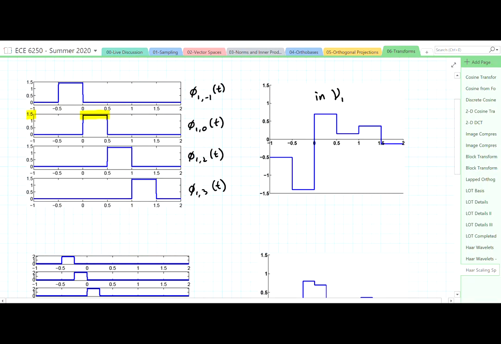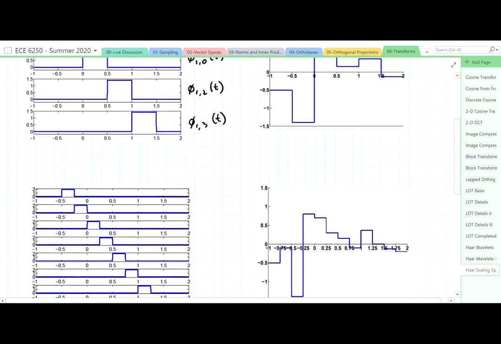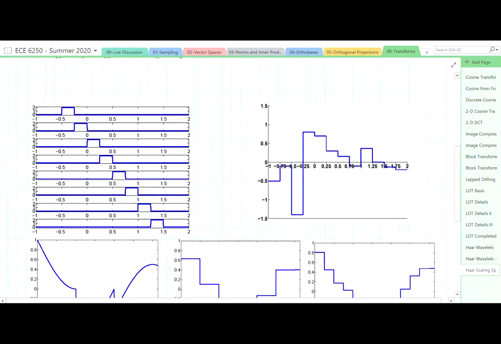In other words, it's square root of 2. So those are our basis functions. So moving on down, we have a signal in V2. So this would be whatever we might have. X hat 2 of t exists in V2.